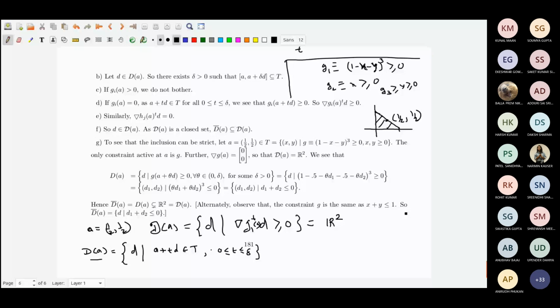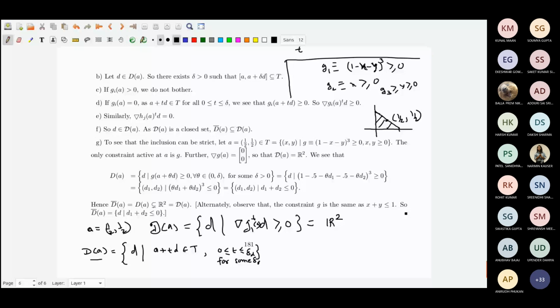And here I also have to write for some delta, because that delta depends on d. For each d, that delta amount will be different. So it's not that delta is a universal constant. You can write delta of d if you want. Okay, fine.